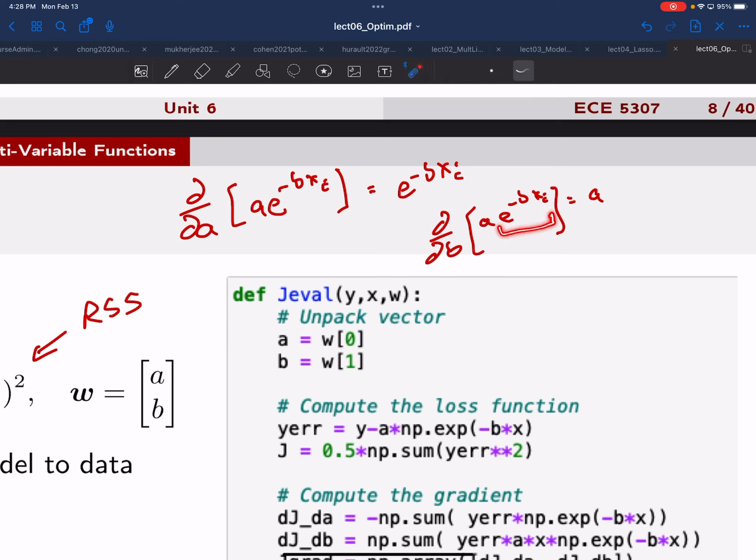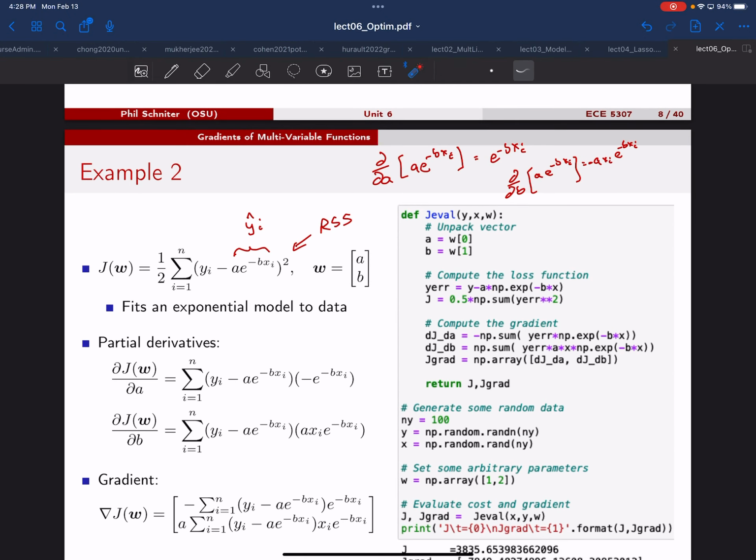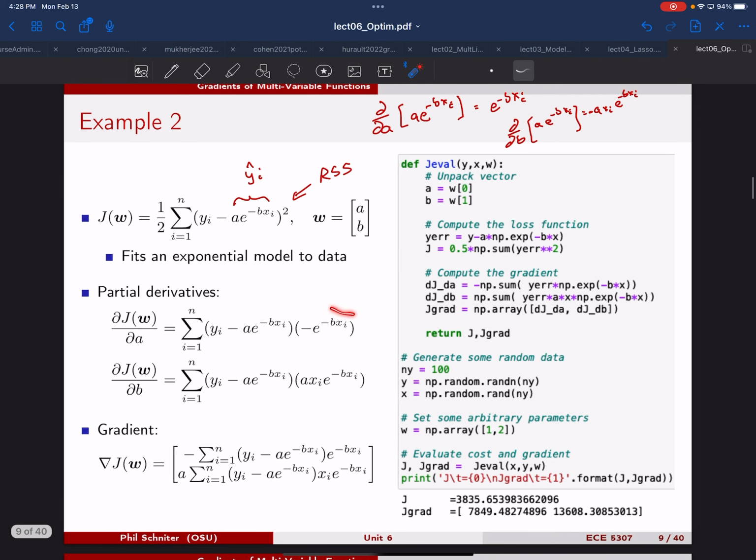Anybody remember what that is? It's this whole thing times d/dB of the exponent, which is minus xi. So the minus here cancels the minus here, and that's what gives us that term over there. And now we have our 2 partial derivatives.